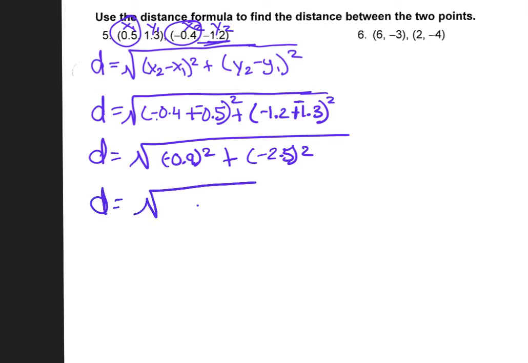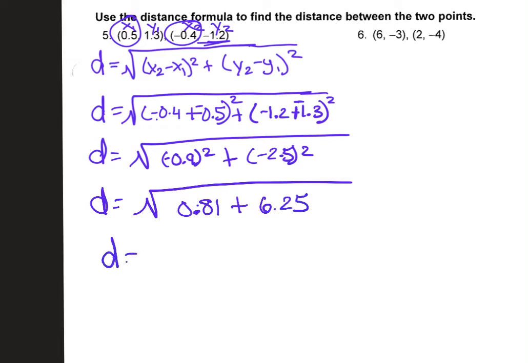So if I square a negative 0.9, I'm going to get a positive 81/100. Plus, I'm going to square negative 2.5 times negative 2.5, and you might want to use a calculator for that. Make sure you always have a calculator out during notes. And you get a positive 6.25.